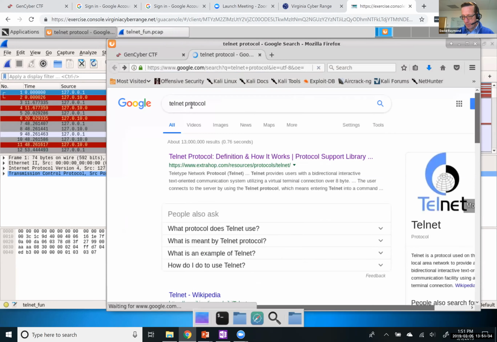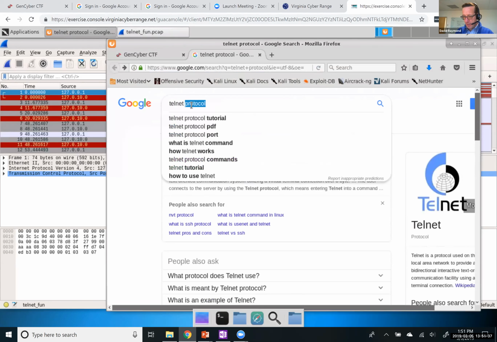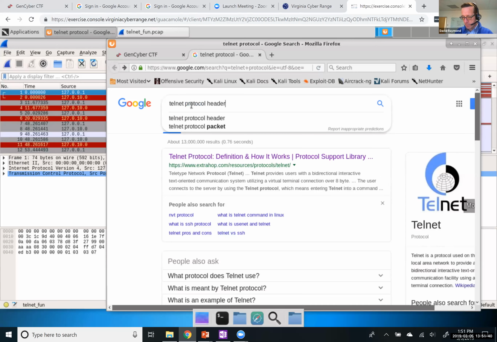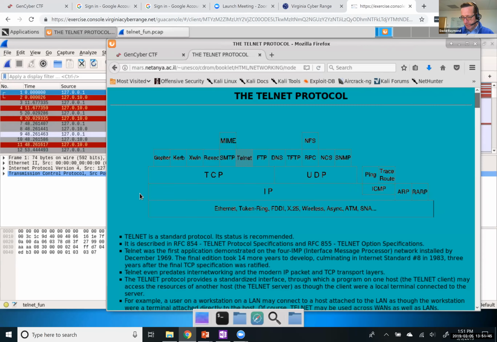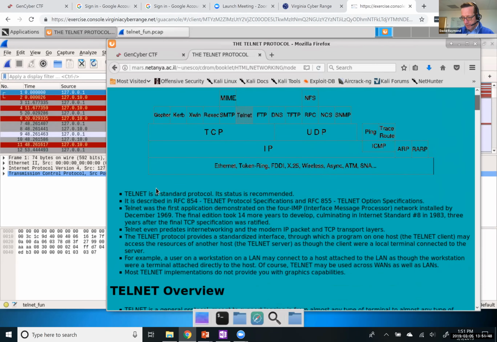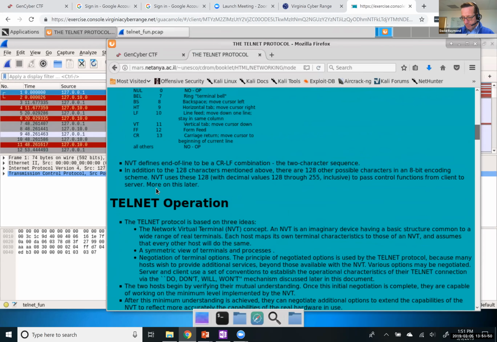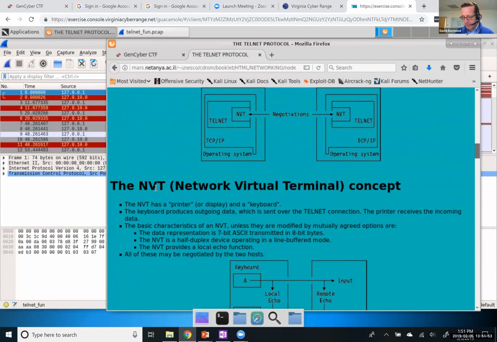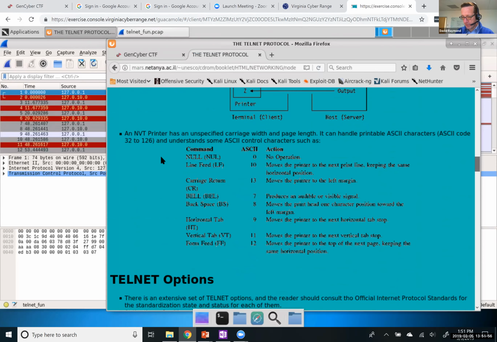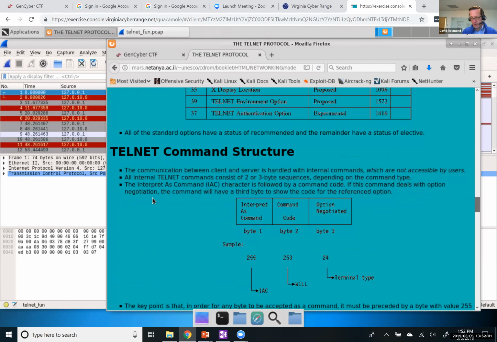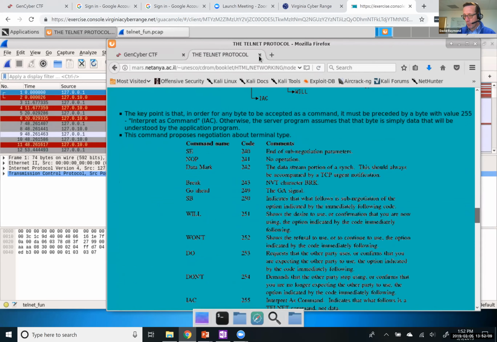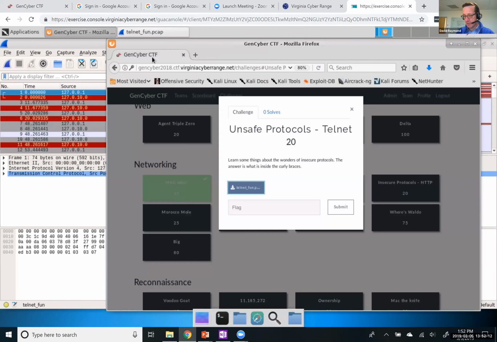I guess what would help me more is if I was to say Telnet protocol headers. Okay, so here's what a Telnet header looks like. Telnet overview. By drilling into the protocol itself and looking at the different commands that it uses, then I could potentially look for very Telnet-specific traffic, and I could search for things in this packet capture to find that, and that would take more work than just looking for a particular port, right?